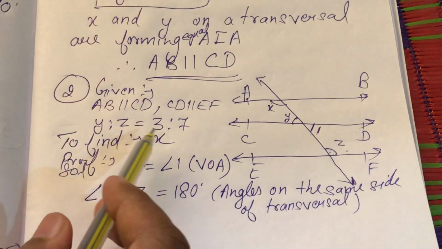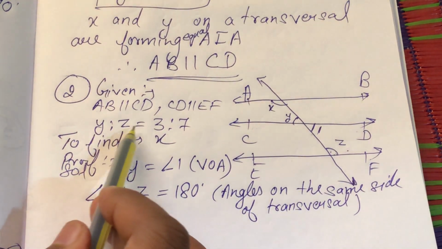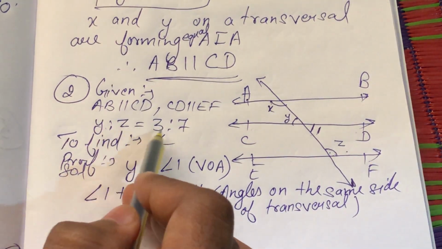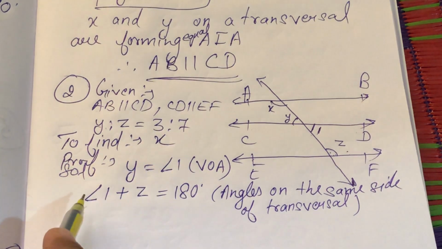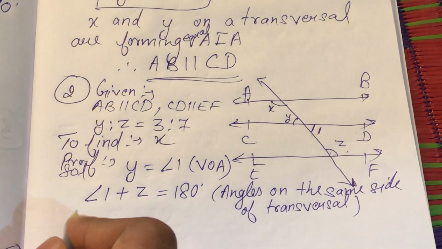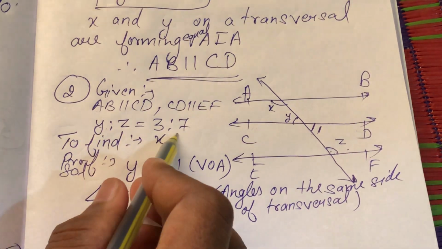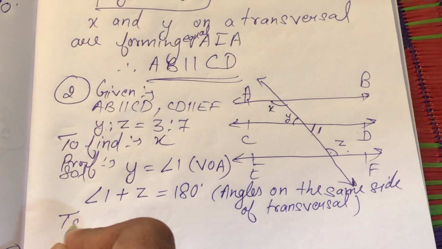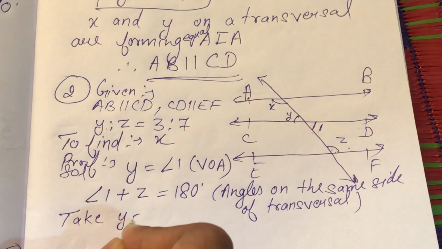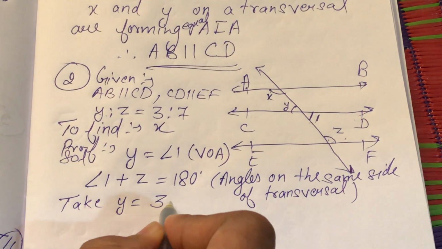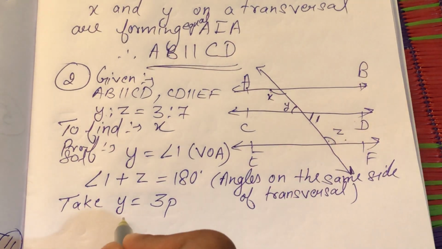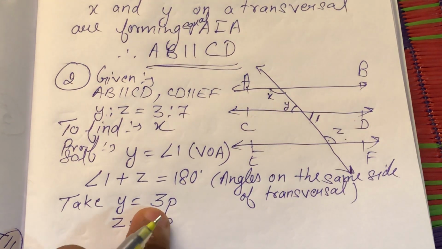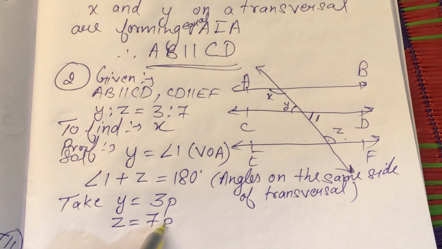Now come back to our question. Y ratio Z is given as 3 is to 7. That means from this statement Y is to Z equals 3 is to 7, I can take Y equals 3P and Z equals 7P. है ना?